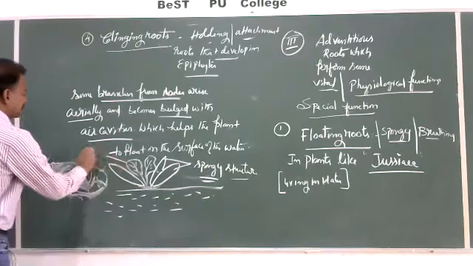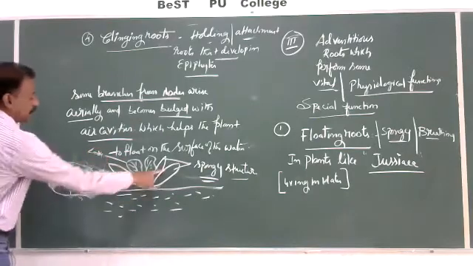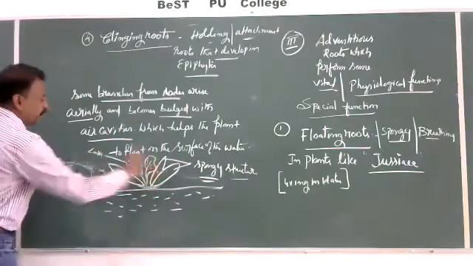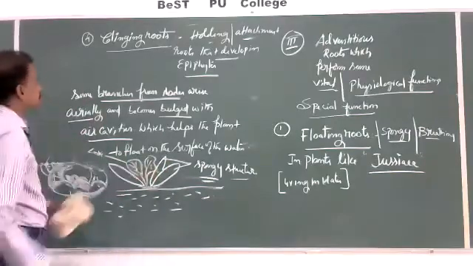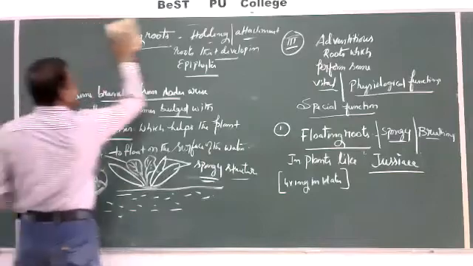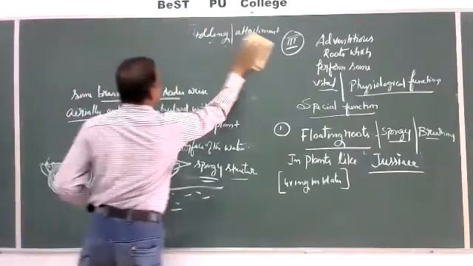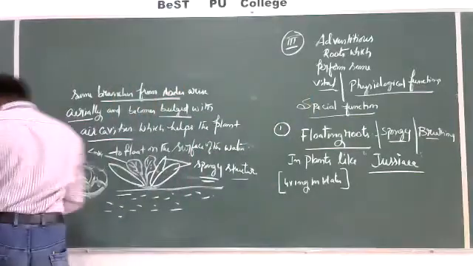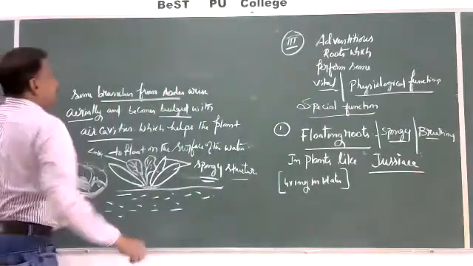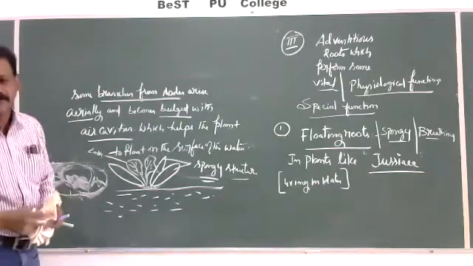These are the leaves from the node branches modified into some branching-like structures. Assimilatory roots, a vital or physiological function. Here assimilation means synthesis, preparation of food material.